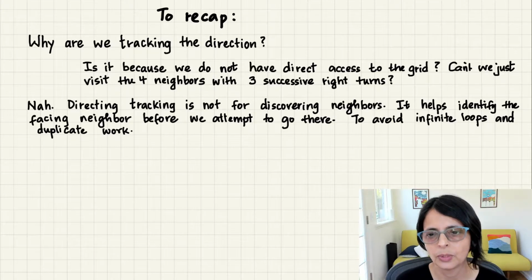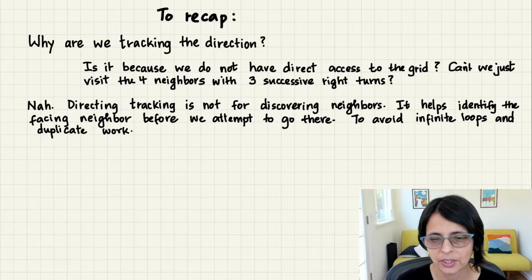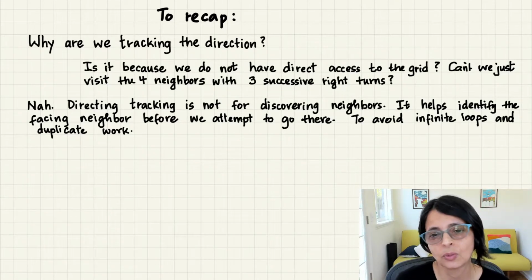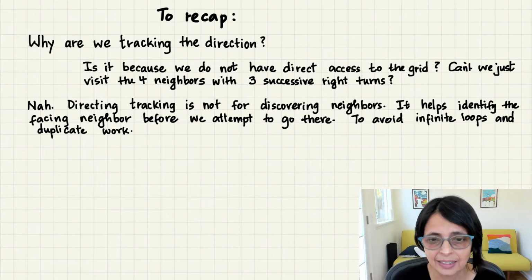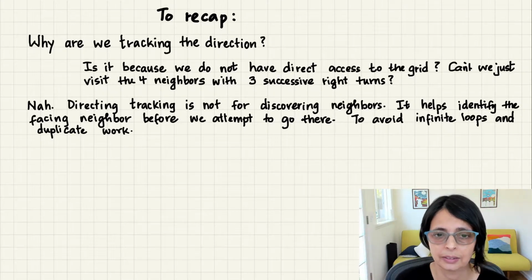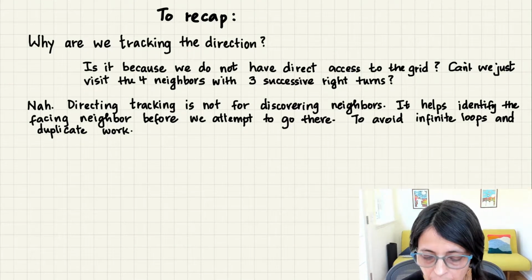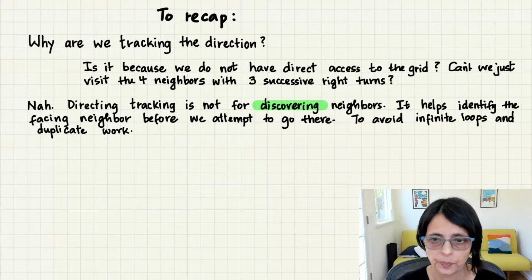We just saw that we can visit the 4 neighbors with 3 successive right turns. We can discover the 4 neighbors like that. We can even visit them. We don't need to track exactly what the direction is in order to just discover neighbors. So discovering is not the problem.